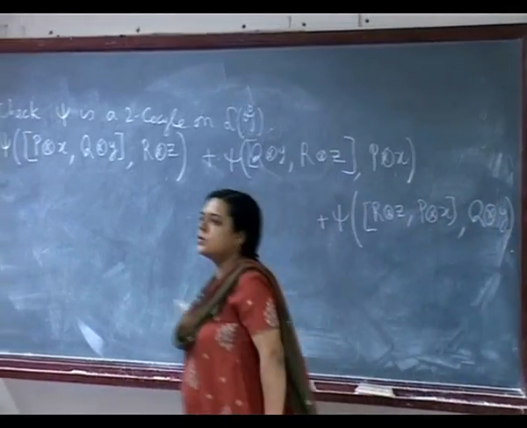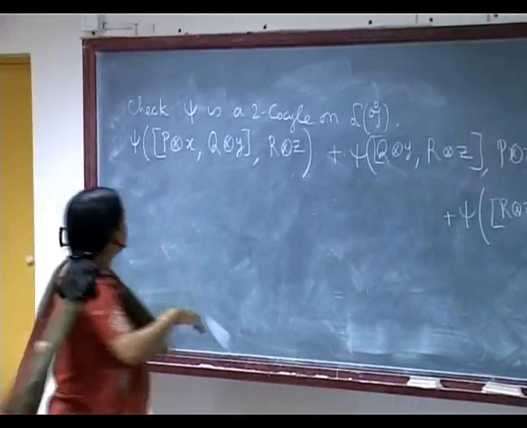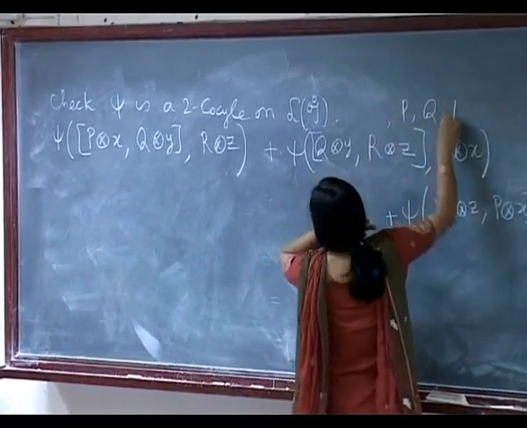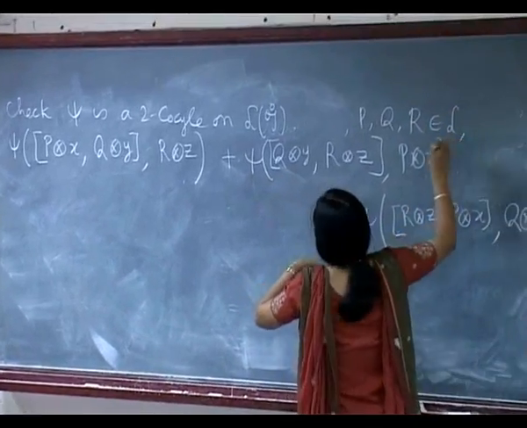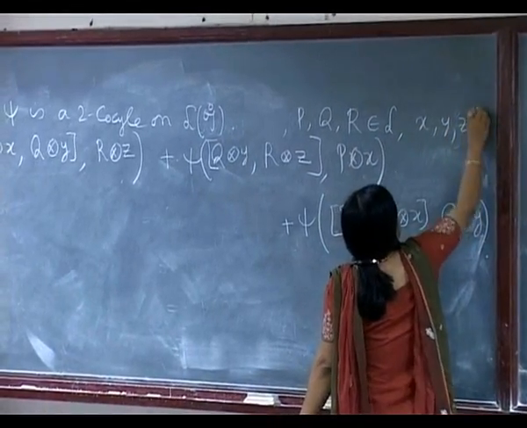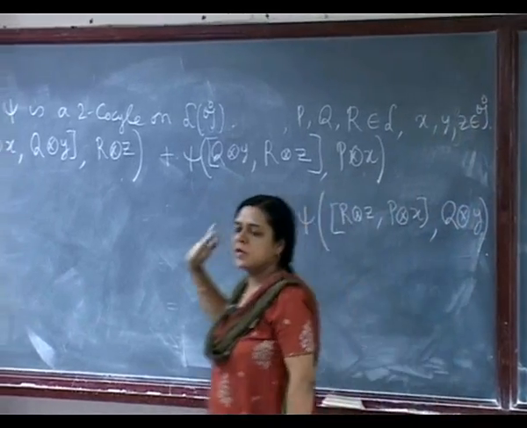We have to show that this is equal to 0, where P, Q, R are elements of L and x, y, z are elements of G naught. So, can we see this?